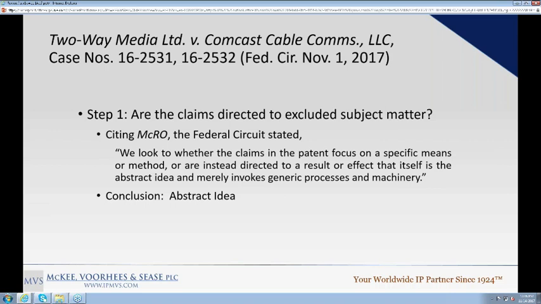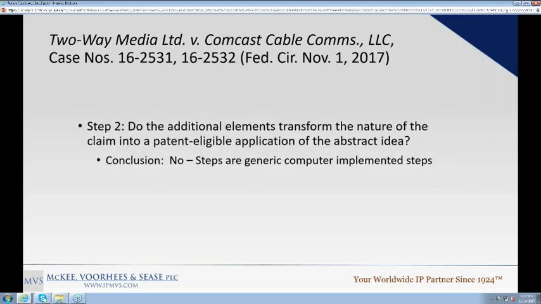I know I skipped out some of the detail in the claims, but that's the question they're asking here. Is there enough detail and specificity and structure in the claim? This isn't just an abstract idea of communicating something, knowing if it's been received by whatever's receiving that communication. But ultimately, the court concluded here, no, this is an abstract idea. This isn't something specific like some of the other cases we looked at.